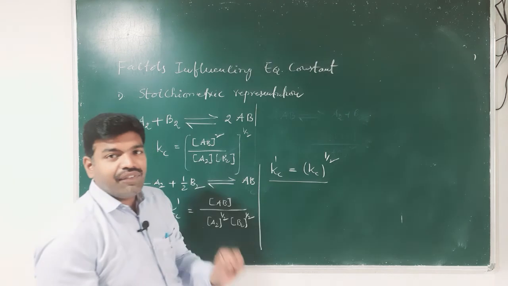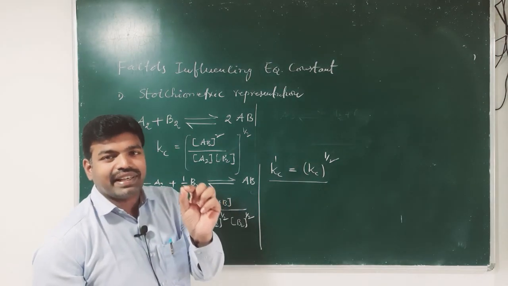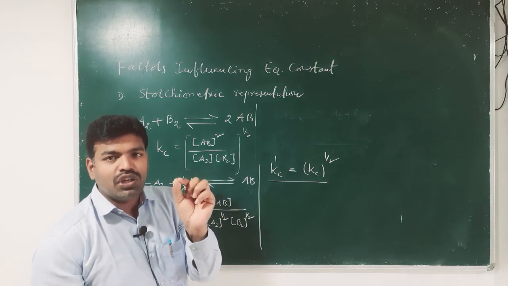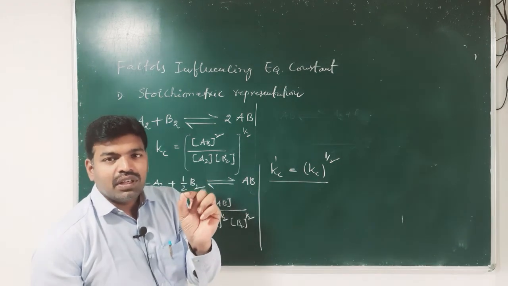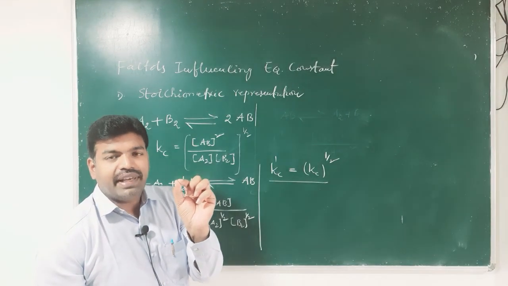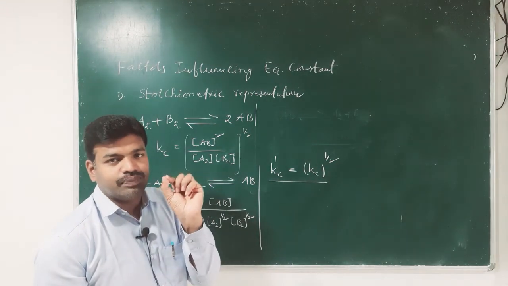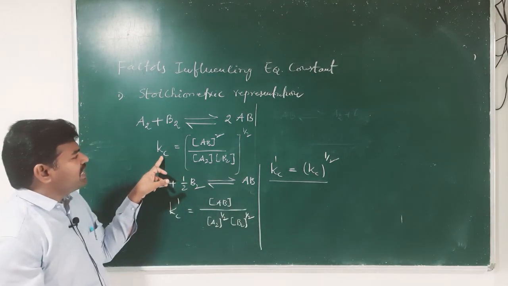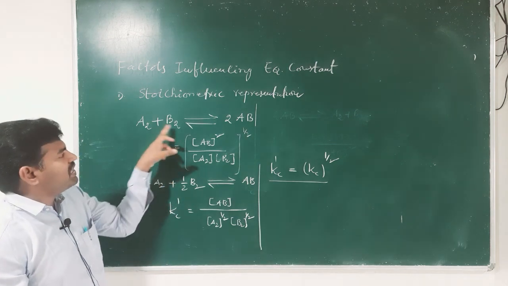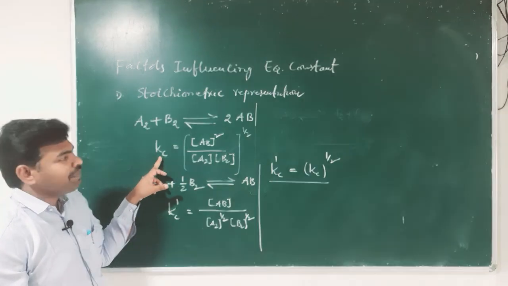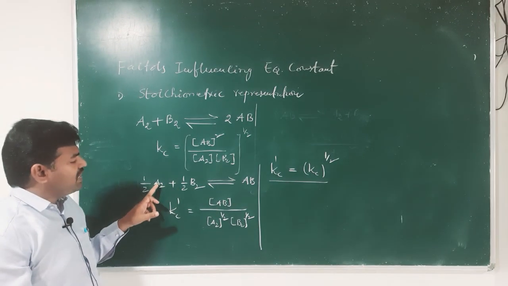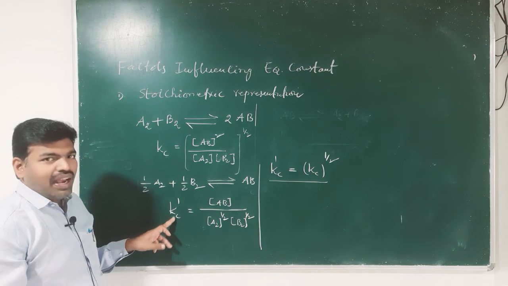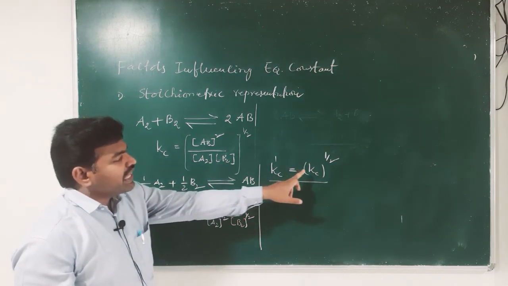When we divide a reaction with a factor n, then the new equilibrium constant will be the nth root of the previous value. Here the equilibrium constant is Kc for the initial reaction, and when we divide this equation with the factor 2, the equilibrium constant is Kc dash, and Kc dash is equal to Kc power 1 by 2.